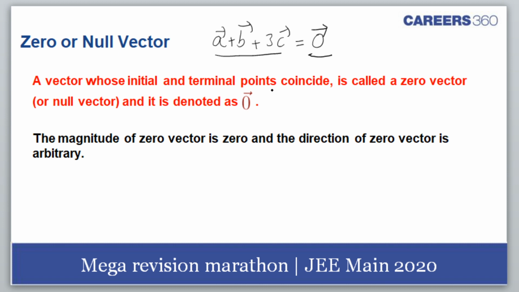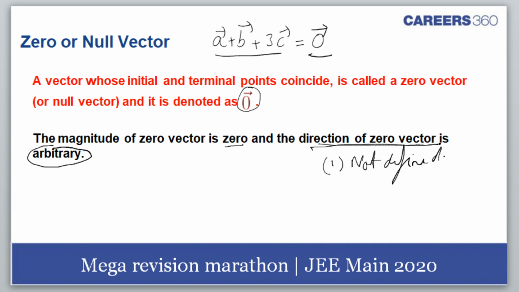A vector whose initial and terminal points coincide is the zero vector and is denoted by this. The magnitude of a zero vector is zero and the direction of a zero vector is arbitrary. This is very important. There was one question in which it was being asked what the direction of the zero vector is. The first choice was not defined.